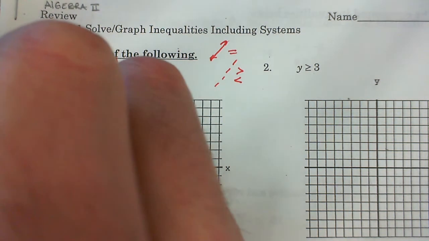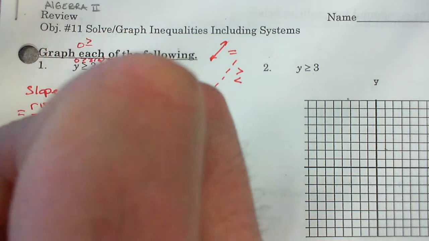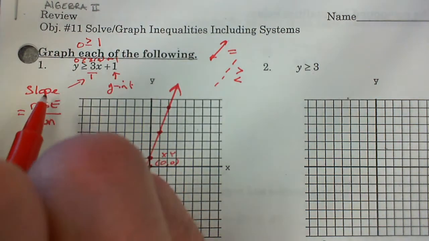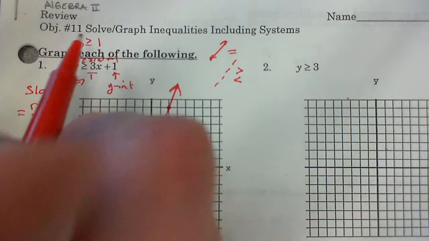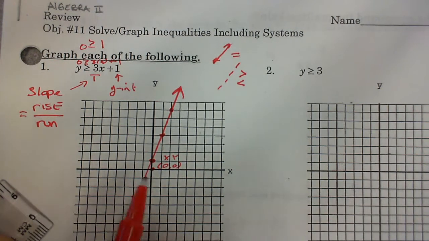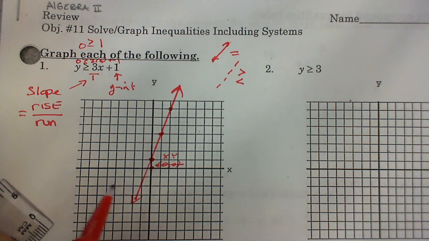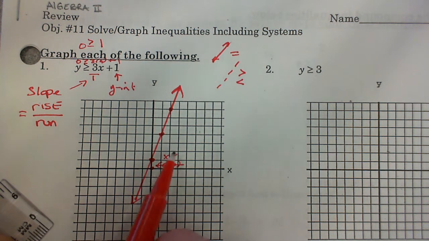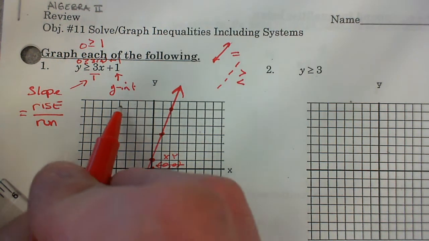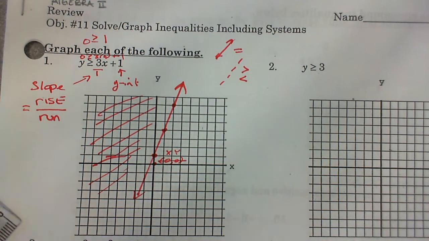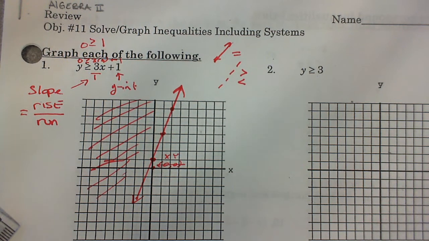So that obviously is 0 is greater than or equal to 1, because 3 times 0 is 0, plus 1 is 1. So is 0 greater than or equal to 1? Well, 0 is not greater than 1. That means this point doesn't work. So since that point doesn't work, this side is not the side that gets shaded. This would be the side that gets shaded. Okay? So that's your first problem.